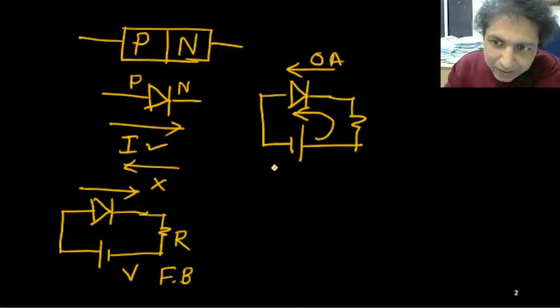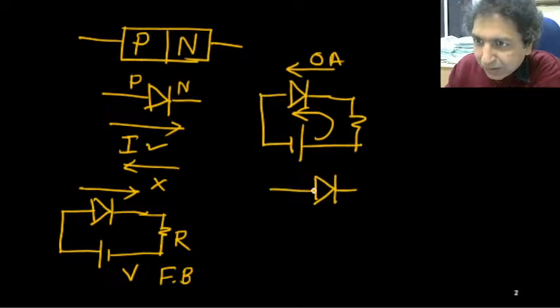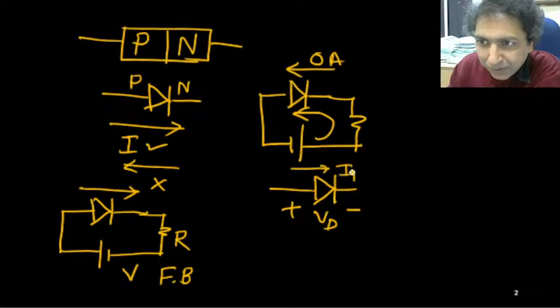Okay. Now how to measure the current, how to calculate the current? That is one important concept, because then only we will be able to solve the problems related to diodes. So actually this PN diode, its VD-ID characteristics, if its voltage is VD and the current is ID, right?